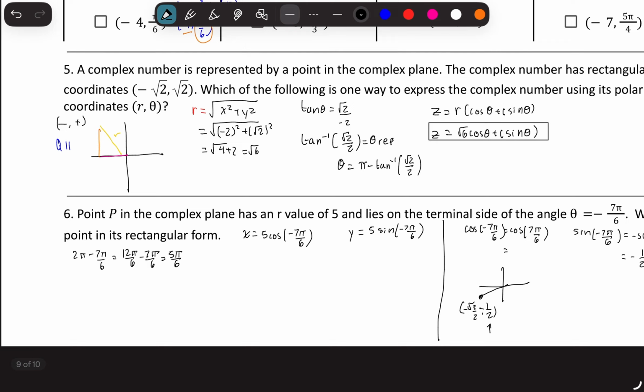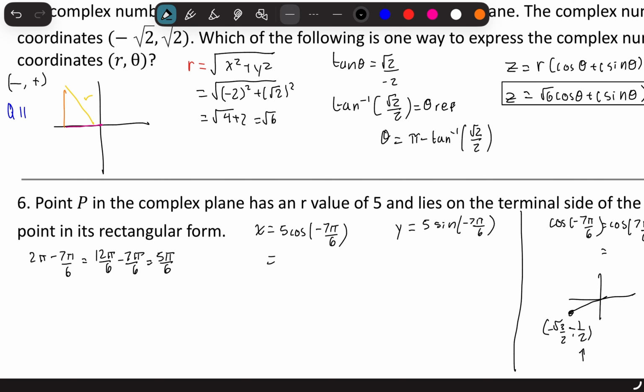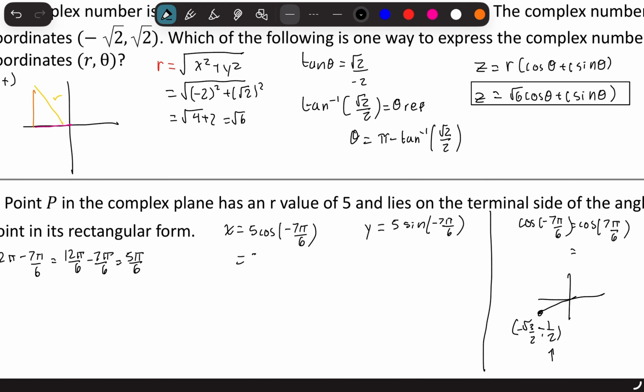Now you multiply by 5. Same for 5 pi over 6. For 5 pi over 6, you have 5 times 30. That's going to be 60 degrees of 180 divided by 6, which is 30 degrees.